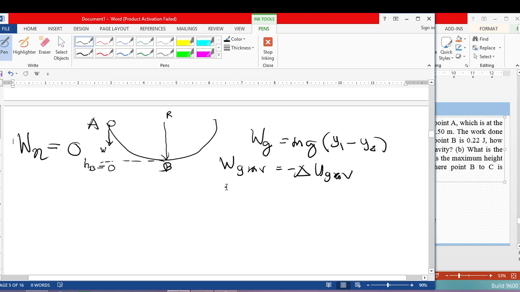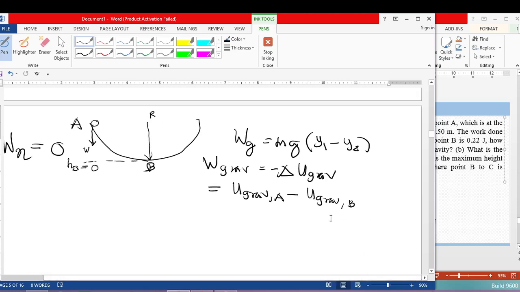So we have the gravitational potential energy at A, the initial, minus the gravitational potential energy at point B, the final. At point B, our height is zero, so basically it is zero. How about the gravitational potential energy at point A?